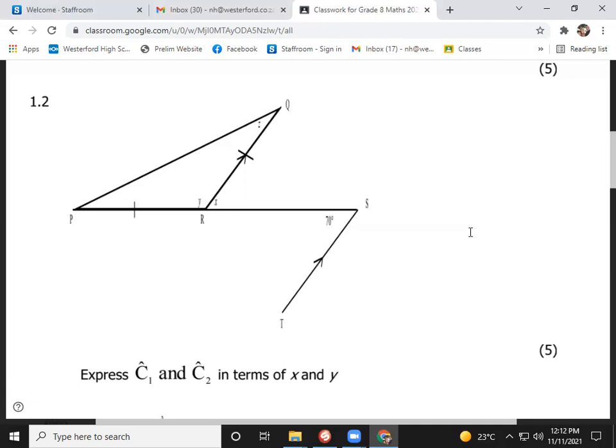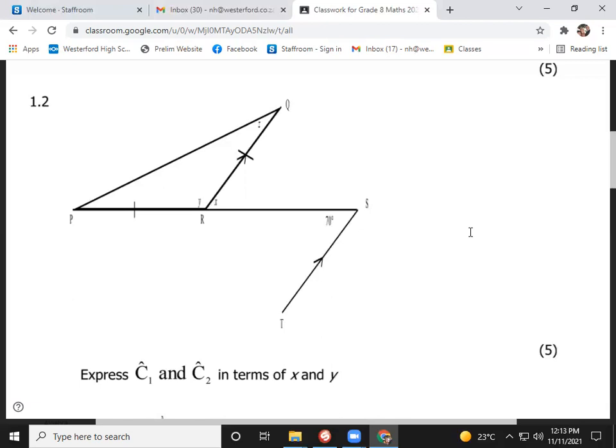Now guys, in the same way that they won't give you parallel lines if you don't have to use them, they won't give you equal lines if you don't have to use those. All right, so we notice that this is an isosceles triangle, because that side is equal to this side. Now we know that if that happens, then these two angles will have to be equal to each other.